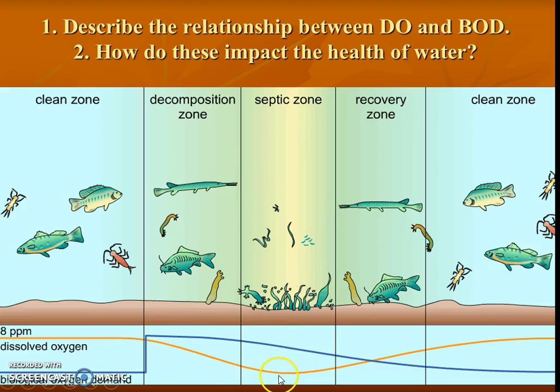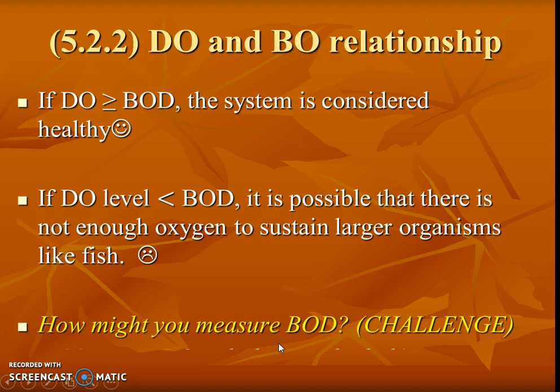That's when BOD is at its highest, the blue one. It's kind of high in that area, and dissolved oxygen is at its lowest. That is when we have a lot of dead things that we're decomposing for the bacteria to have a feast on. That's our biological oxygen demand. Hopefully over time things would recover and we'd go back to normal, but this is the area we're going to talk about the most over the next couple weeks.